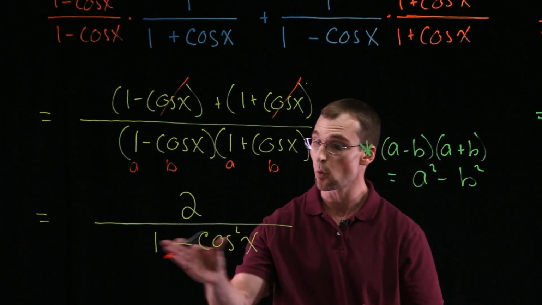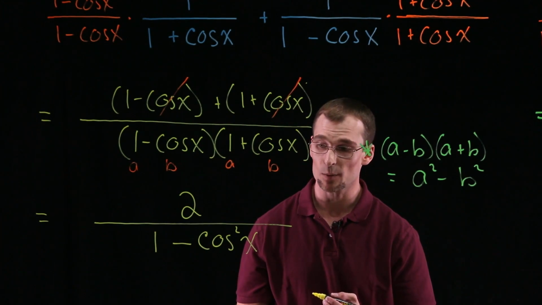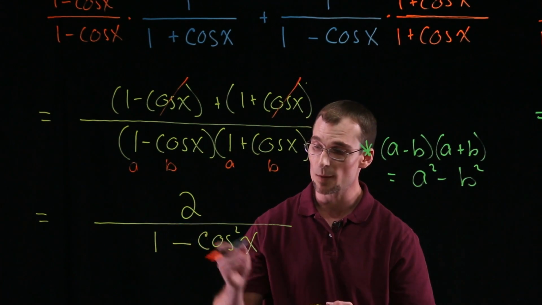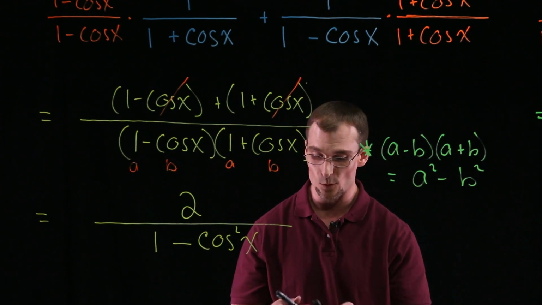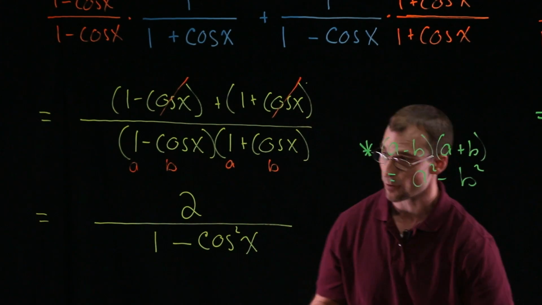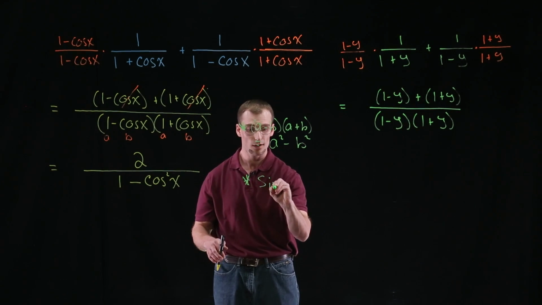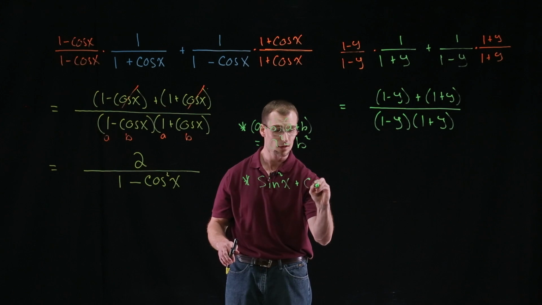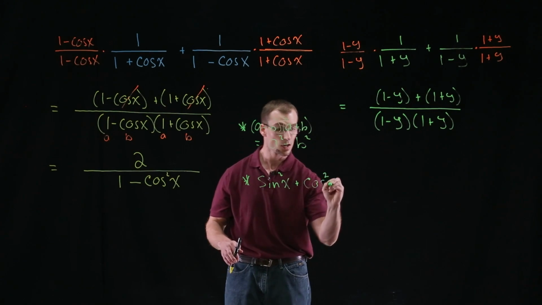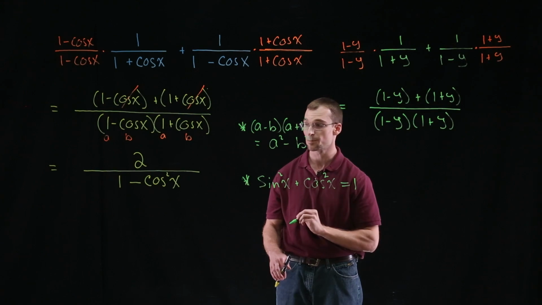Now when we look at this, 1 minus cosine squared, this is going to come up a lot when you're doing these problems, when you have cosine squareds and 1 minus that, or even 1 minus sine squared. One of the fundamental identities that we're going to use is the Pythagorean identity, namely that sine squared x plus cosine squared x is equal to 1.